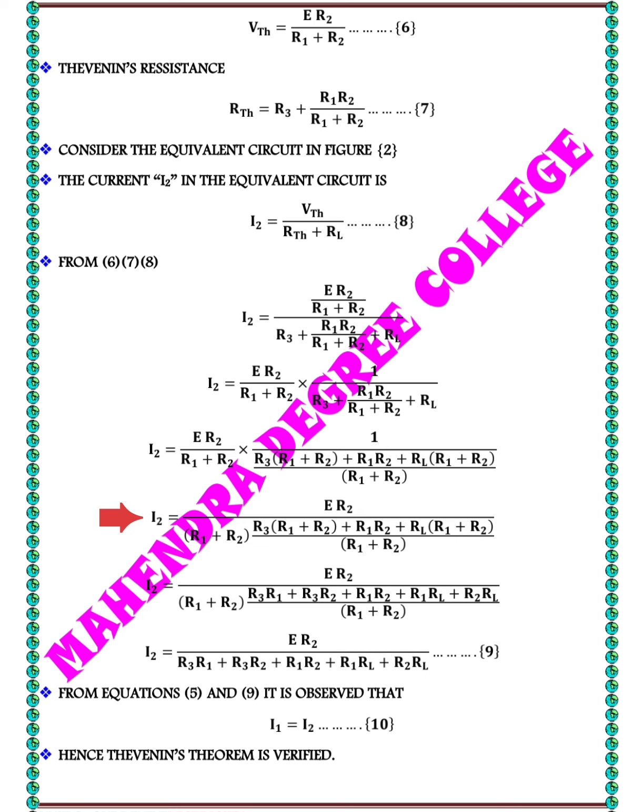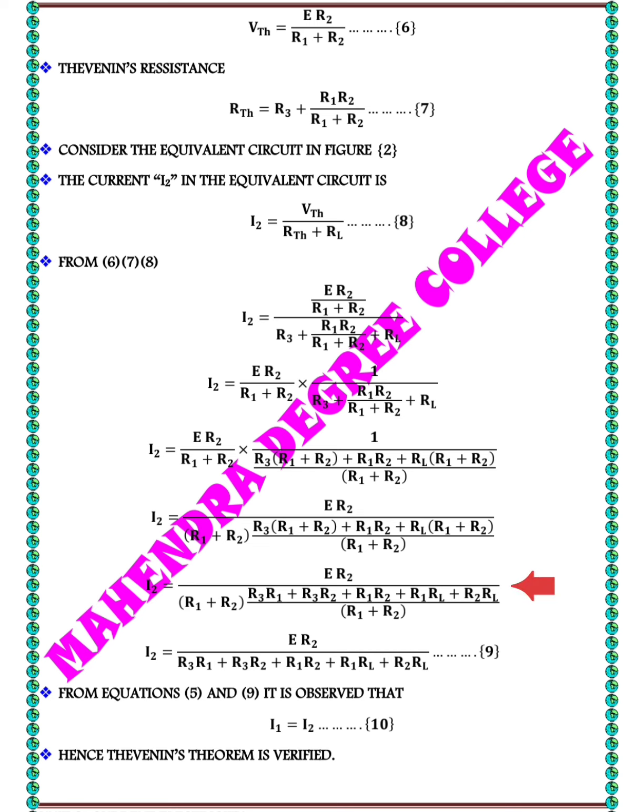So, we get I2 equals ER2 by R1 plus R2, R3 into R1 plus R2 plus R1 R2 plus RL into R1 plus R2 by R1 plus R2.